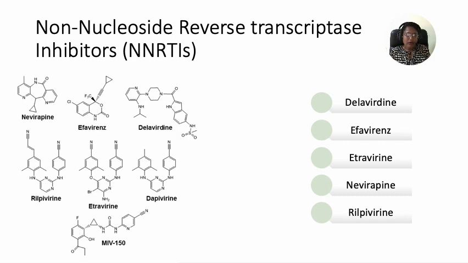So let's move on to the NNRTIs. These include delavirdine, efavirenz, etravirine, nevirapine, and rilpivirine. A little bit of a tongue twister, but I need you to remember how to spell these agents and understand that they are NNRTIs. NNRTIs do not require phosphorylation for activation, and they do not compete with nucleoside triphosphates for activity.